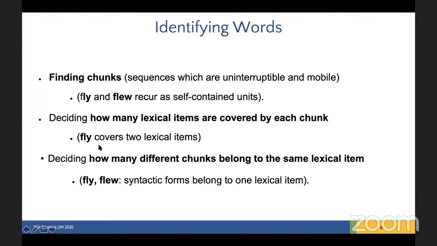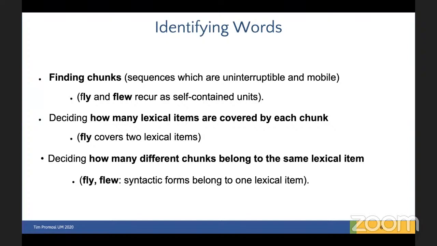So fly can be a noun and can be a verb. So you say that fly covers two lexical items. Okay, and now we have to decide how many different chunks belong to the same lexical item. Fly and flew, they are syntactic forms belonging to one lexical item.